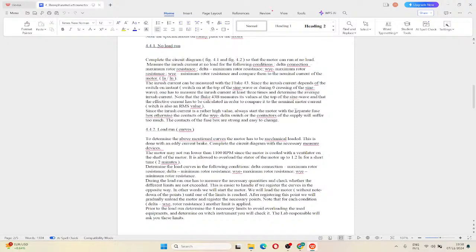One has to measure the inrush current in the last 3 times and determine the average inrush current. Note that the 43 measures its value of a total sine wave and that this actually has to be calculated to compare to the normal.